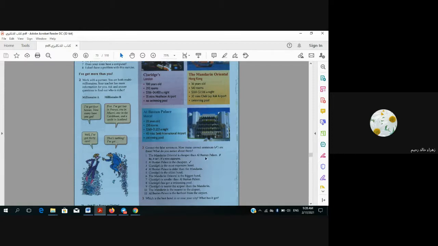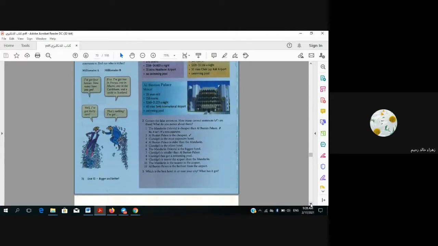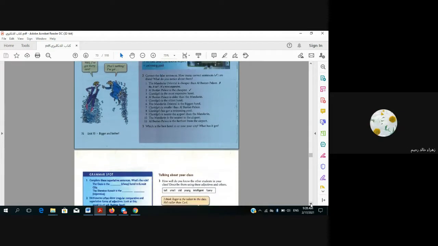It's wrong because the Mandarin Oriental, no, it isn't. It's more expensive. Students, here we give you sentences, some correct and some wrong. According to this information about each hotel, you correct the wrong ones. And this is also your homework. Yes, miss.